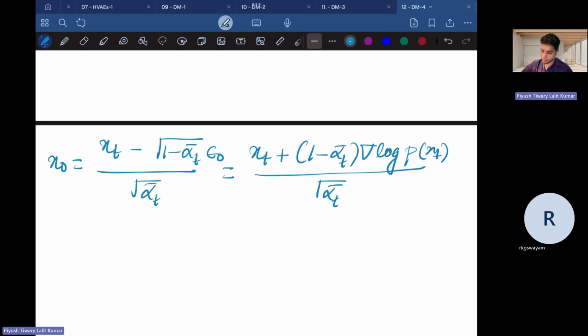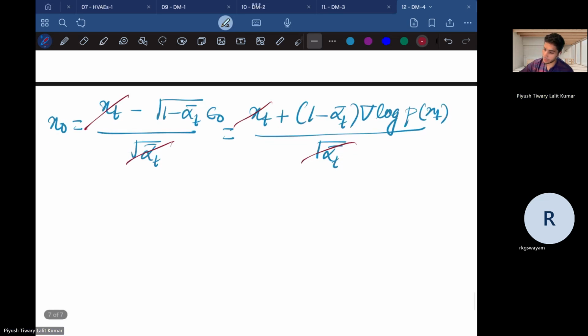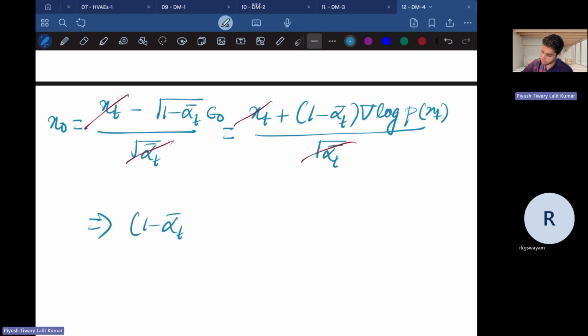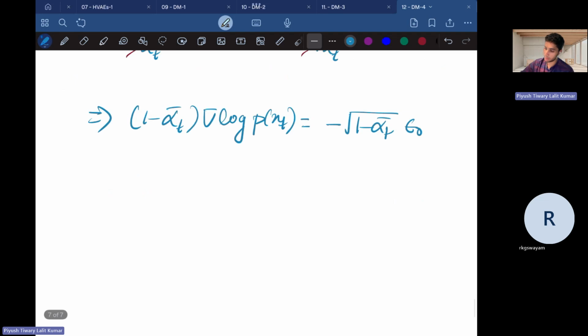If we compare the second and third term here, you can clearly see that xt will get cancelled out, and we will be left with 1 minus alpha t bar grad log p of xt, which is equal to minus square root of 1 minus alpha t bar epsilon naught, right?